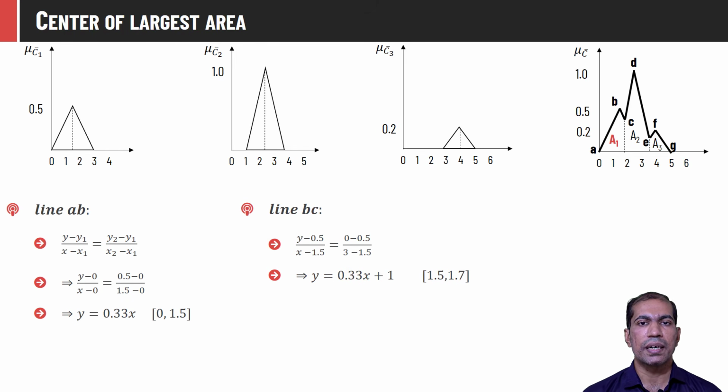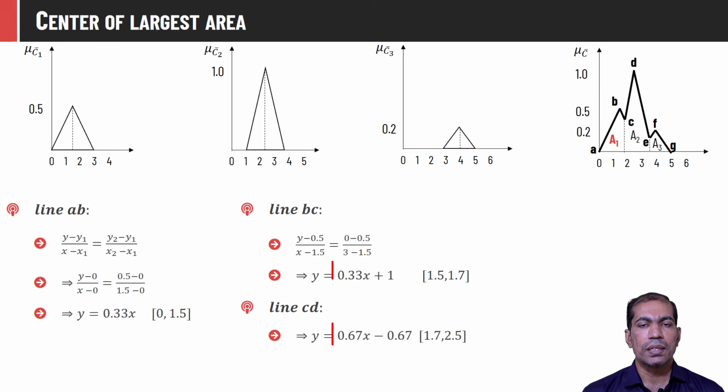Line BC is intersecting line CD. So first we will compute the equation of line CD. The equation of line CD is y is equal to 0.67x minus 0.67. These both lines are intersecting at this particular point. So we can say that for that point, x comma y for both lines will be identical.